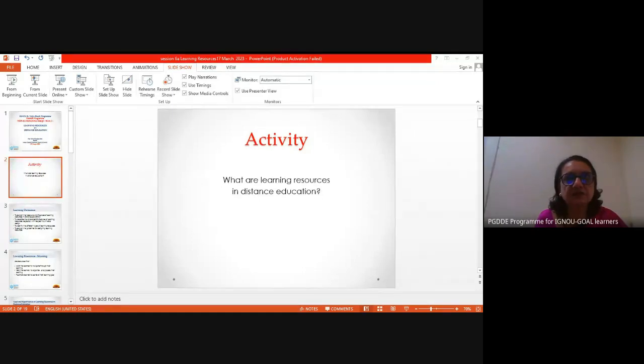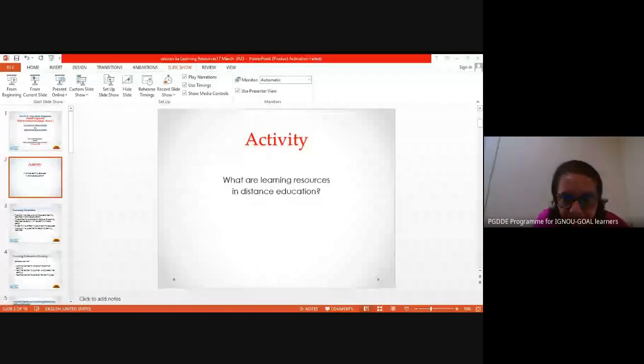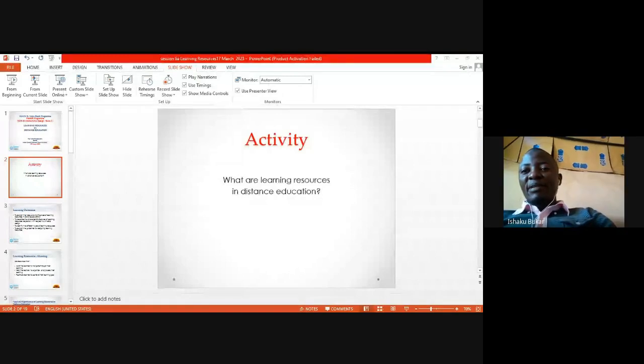All right. The learning resources are the print and non-print materials that are used to convey learning activities. Examples of prints are textbooks, journals, magazines, and other readable materials.